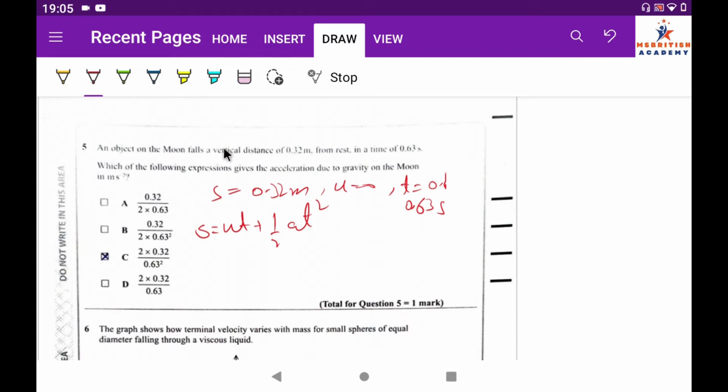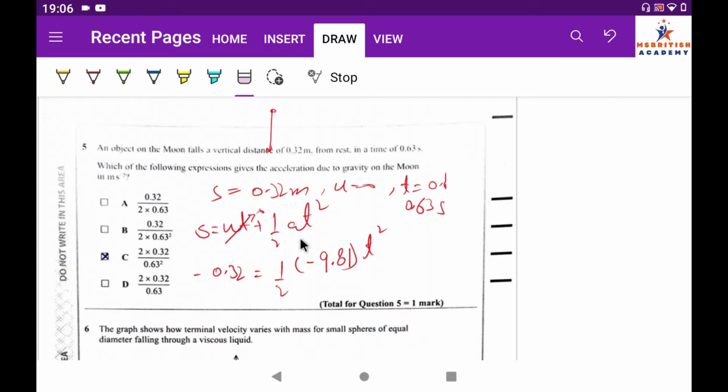As this is coming down, we can say that the displacement is negative, so minus 0.32, and u is 0, so this quantity will be 0, and half, and this a is minus g, that is 9.81, and t square.